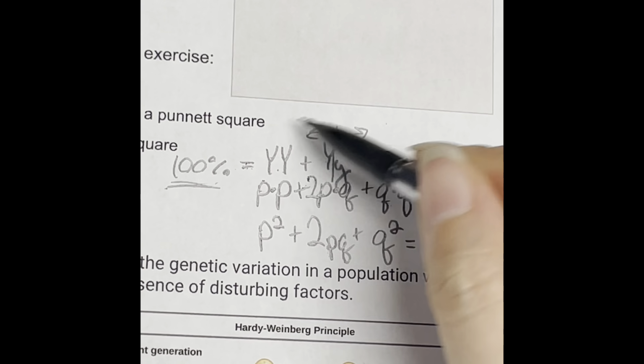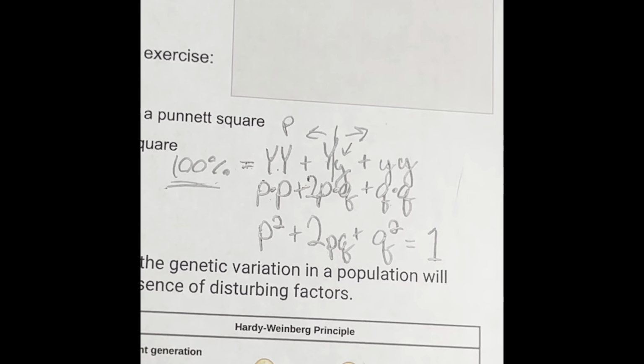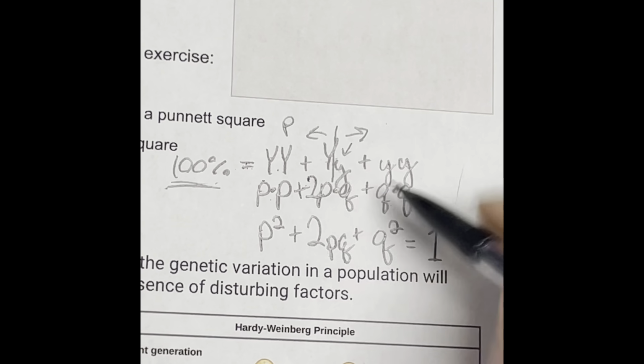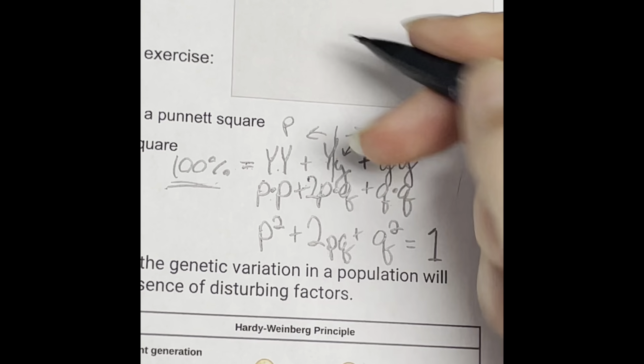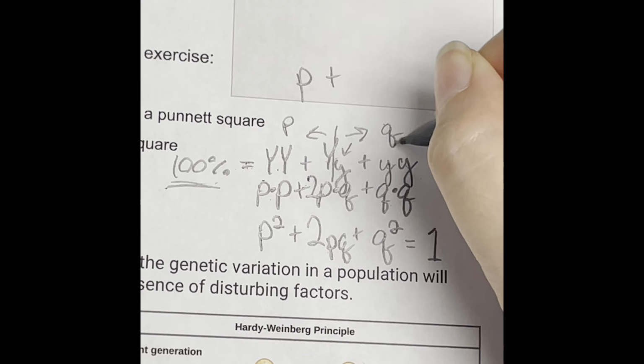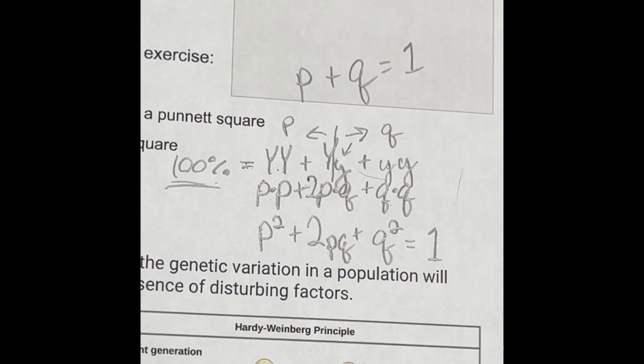Well, we already said that the dominant allele is called P, so all 3 of these would be P, and all 3 of these together would be Q. So we get a second formula that says all of the P's together plus all of the Q's together should also equal 1 because it's also the whole population. So we're going to be using both of these equations depending on our needs.